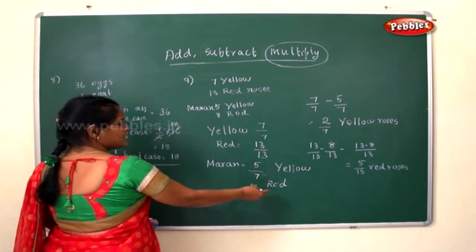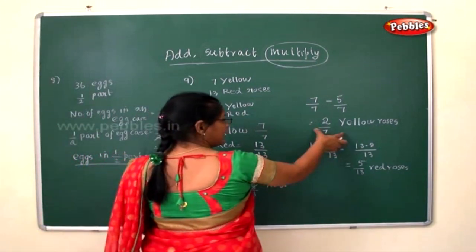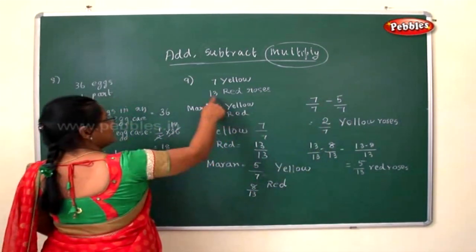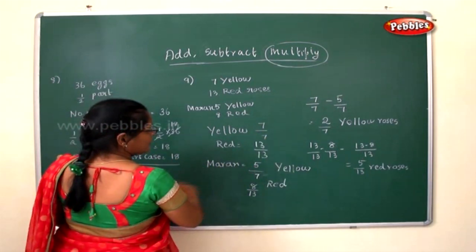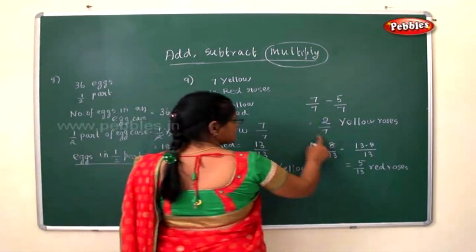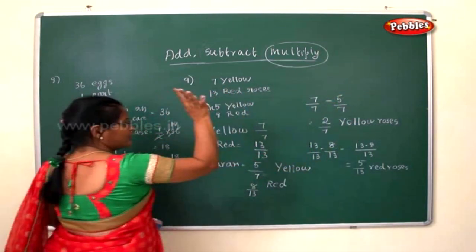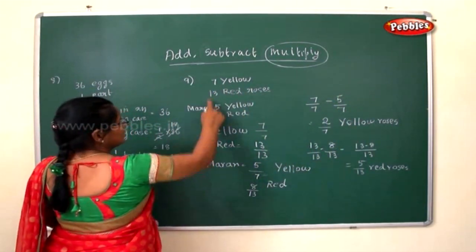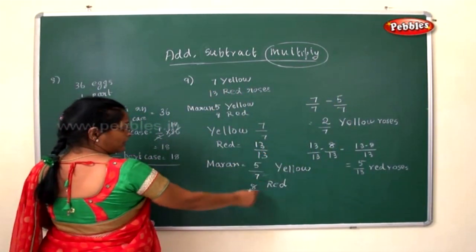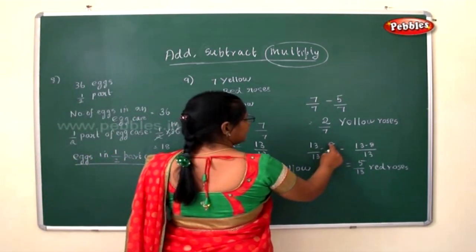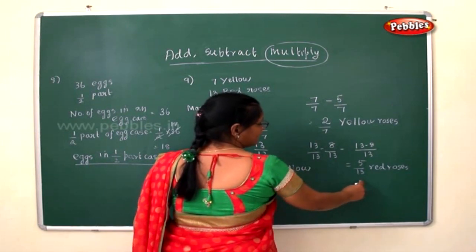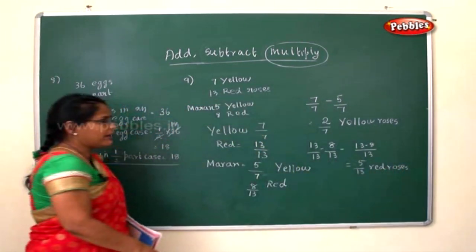Now, another question is, you have to write the remaining part also. 7 by 7 is the total here, and 5 by 7 is taken, so 2 by 7 of yellow roses is remaining. In red roses, 13 by 13 is the total, but 8 by 13 is taken. So 13 by 13 minus 8 by 13 is 5 by 13 of red roses remaining here.